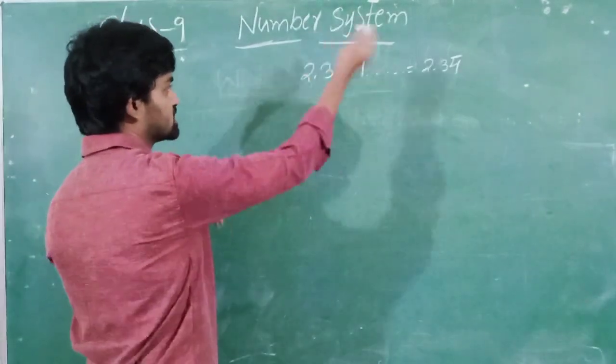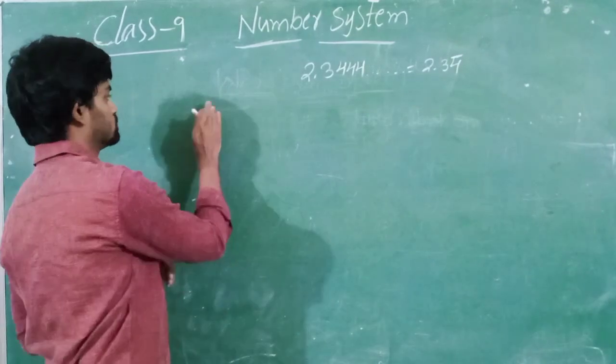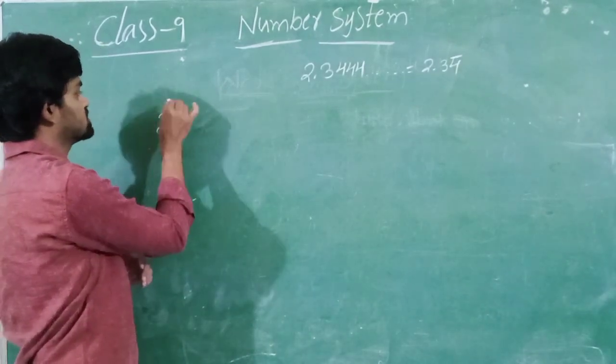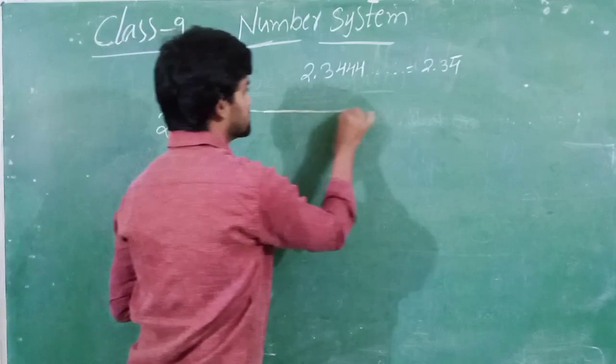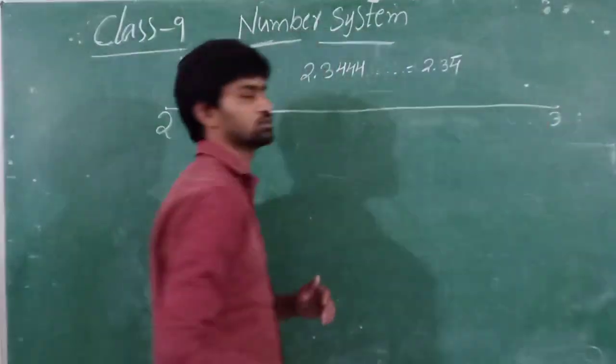Now as it is greater than 2, first number we have to take is 2 and just draw a number line. So it comes in between 2 and 3.